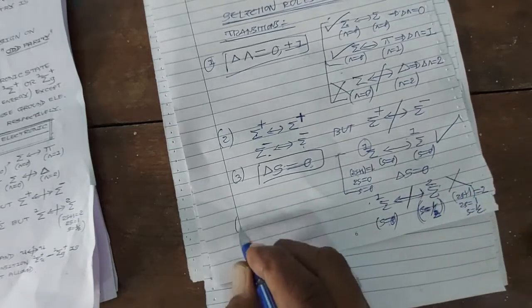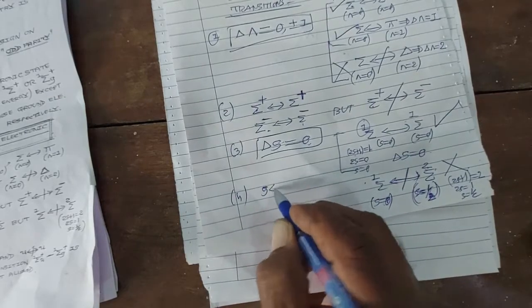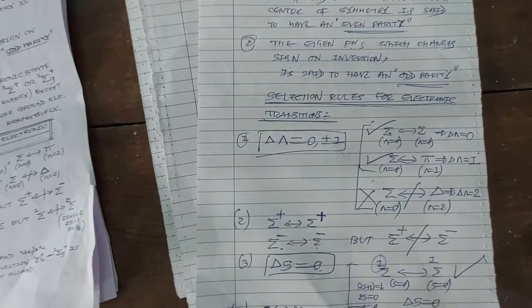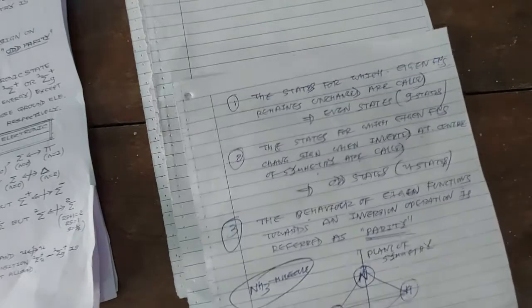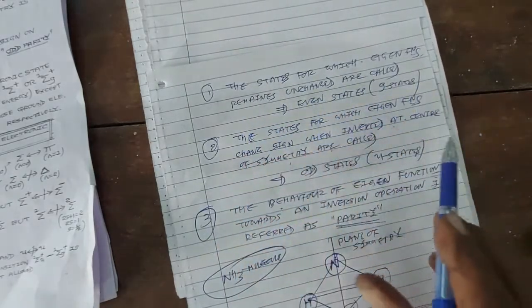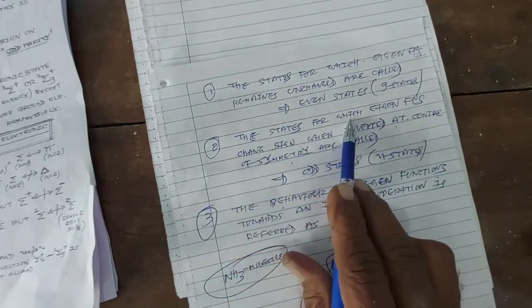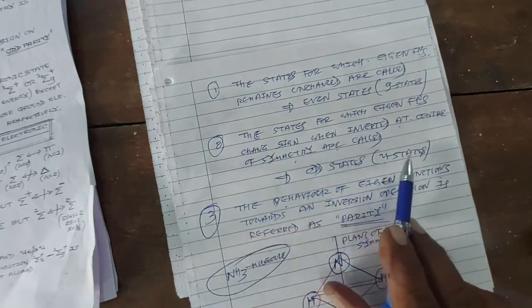And the last rule, the transition from G state to U state. I have defined what is G state and what is U state. The states for which the eigenfunction remains unchanged when inverted are called even states, denoted by G states, and the states for which the eigenfunction changes sign when inverted at the center of symmetry are called odd states, denoted by U states.